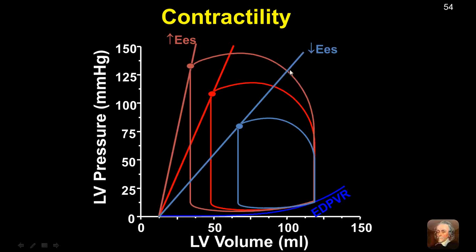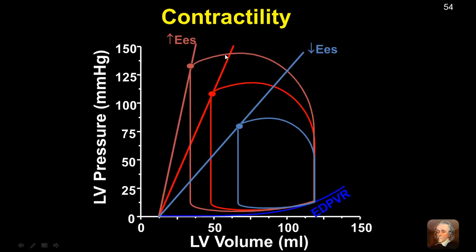A change in contractility is mainly manifest and characterized by a change in the end systolic elastance, EES. So increases in EES signify an increase in contractility, and decreases in EES signify a reduction in contractility.